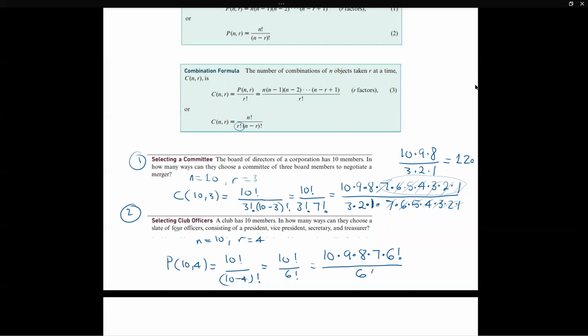At the bottom I have 6 factorial, which is a compact way of doing this. So it's 10 times 9 times 8 times 7, which is 5,040.